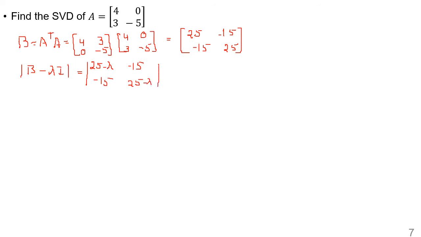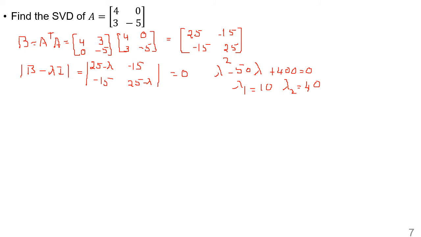Corresponding to this, when we simplify this equal to 0, we get lambda square minus 50 lambda plus 400 is equal to 0. That gives us lambda 1 is equal to 10, lambda 2 is equal to 40.